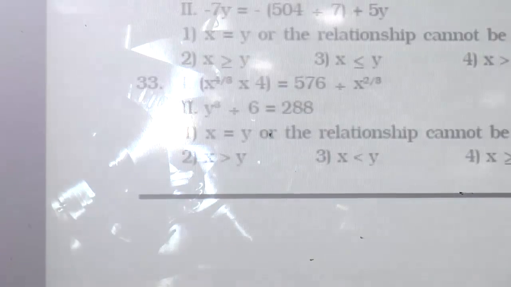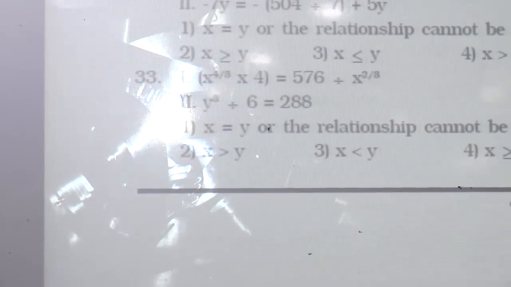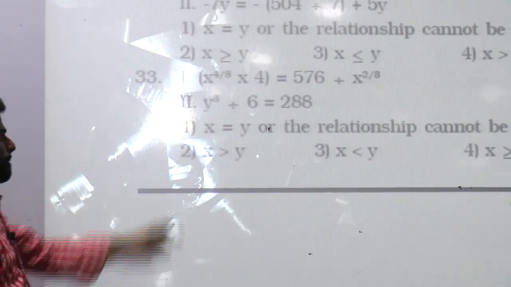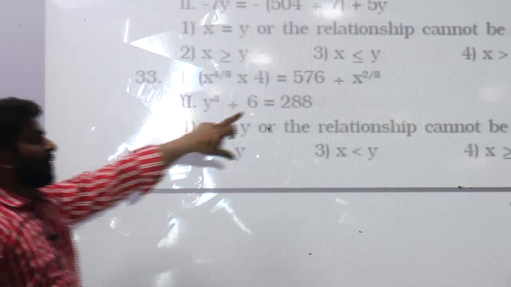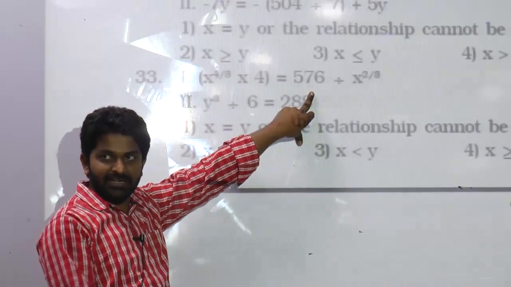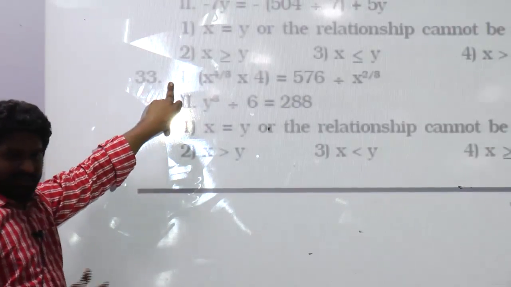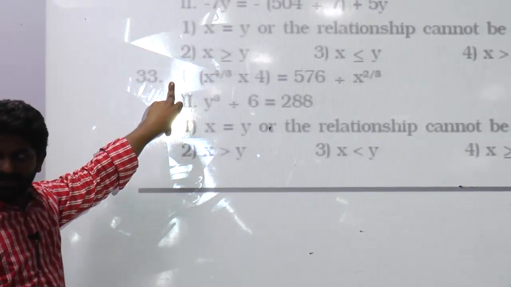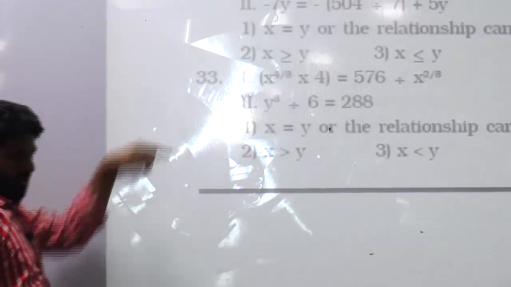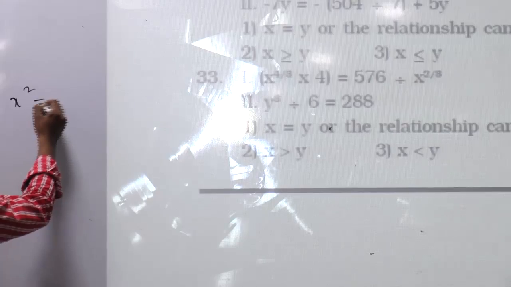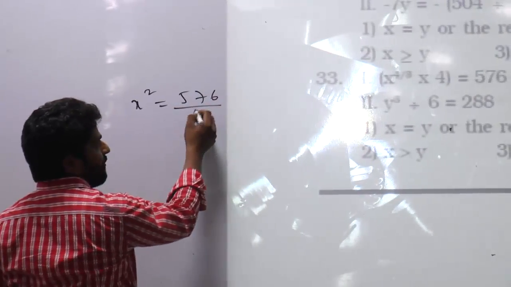Next, 33. X to the power of 4 by, and what is this? X to the power of? So this is the denominator in the right hand side. When it comes to the left hand side, that becomes multiplication, right? X power 4 by 3 into x power 2 by 3, x power 6 by 3, which is x square, which is equal to 576 by 4.